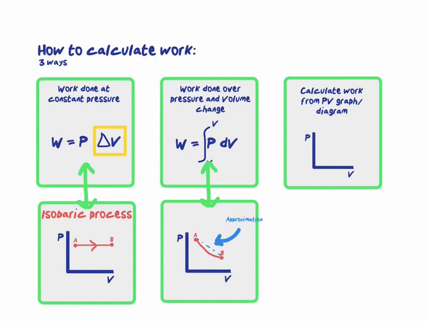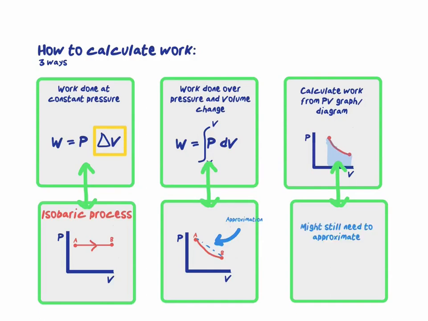Either way, there's a change in pressure, and so I have to be able to calculate this in some way. Now the last way, finding the area under the graph, is what I would resort to if I was not able to integrate and did not have the tools yet to do that. So I could calculate the area under this line and I would get a work value.